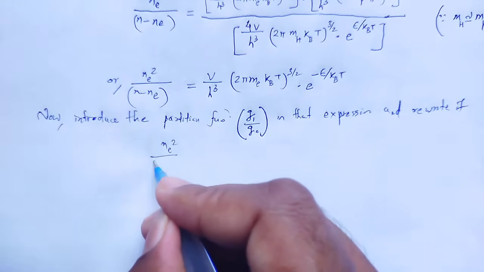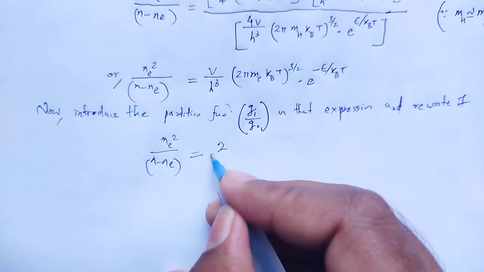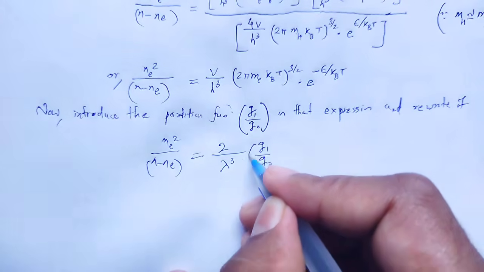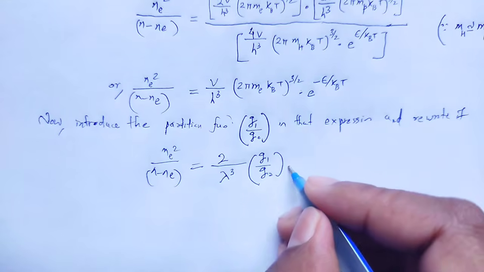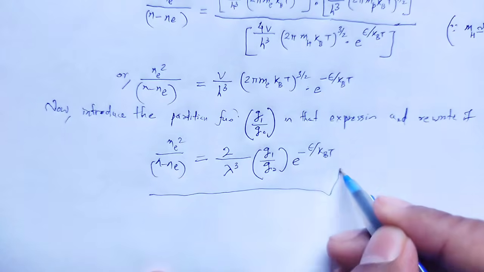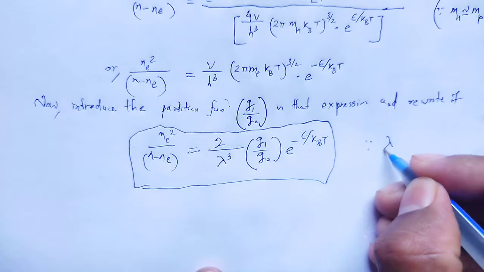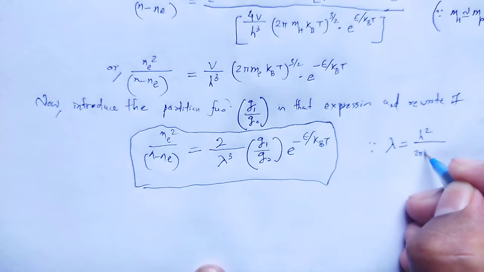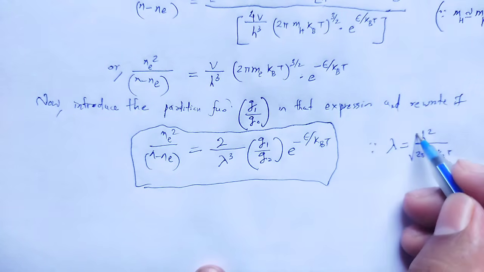So, n_e square divided by n minus n_e is equal to 2 divided by lambda cube, g1 divided by g naught, into e to the power minus epsilon by k_B T, whereas lambda is the de Broglie wavelength, and that value of lambda is h square divided by 2π m_e k_B T under root.